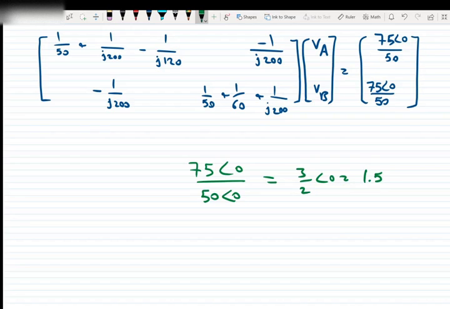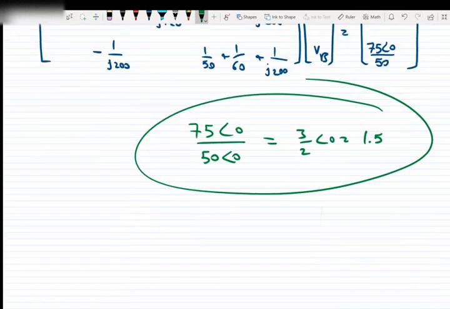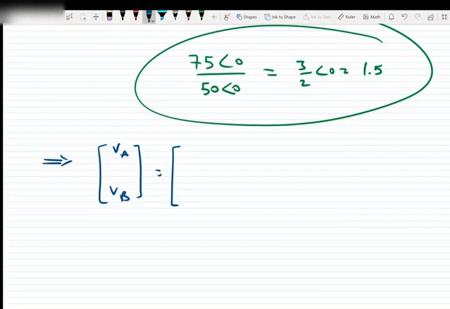So we can simplify the matrix in this form, and as a result VA, VB is equal to 73.58 with the angle of negative 16.9, and 38.84 with the angle of negative 6.4.